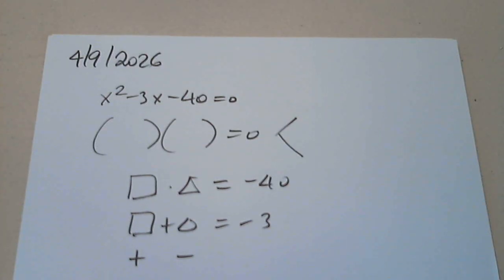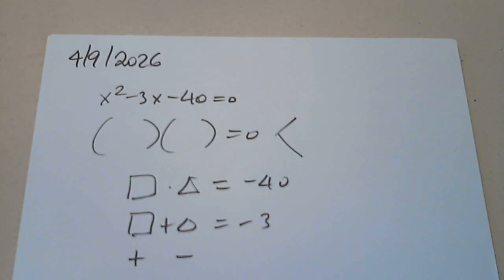Anybody? Please help. Can anyone help us find two numbers whose product is negative 40 and whose sum is negative 3? Yes? No?